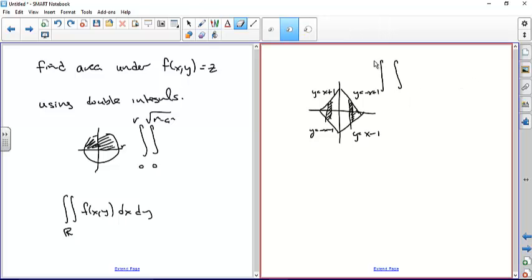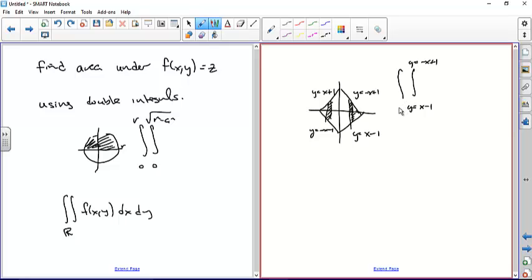So if you were to use this as a region, you would have two integrals. You'd have the integral from y equals x minus 1 to y equals negative x plus 1. These would be the upper and lower boundaries, and then you integrate from x equals 0 to x equals 1, and then you'd have your function f of x, y, dy dx.